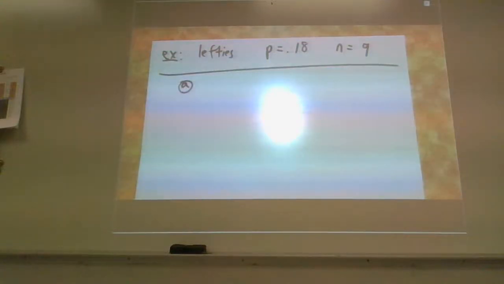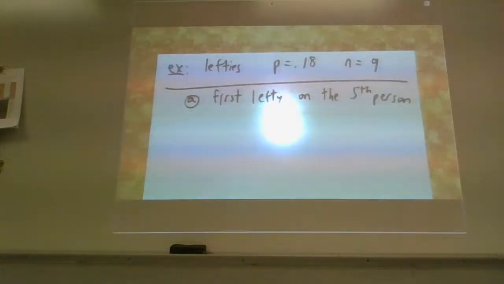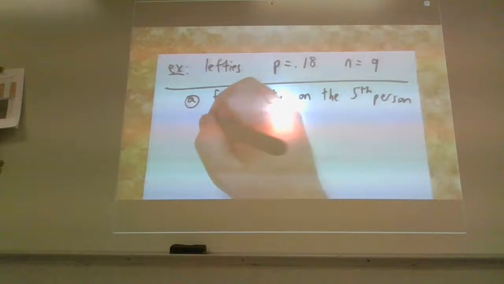For something like part A, as we mentioned, part A is definitely a geometric problem because they're looking for the first lefty on the fifth person.